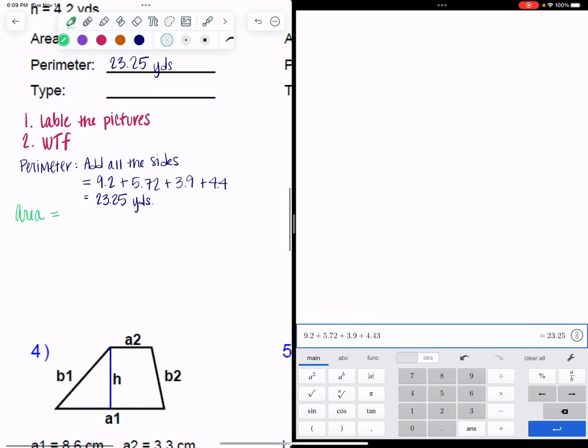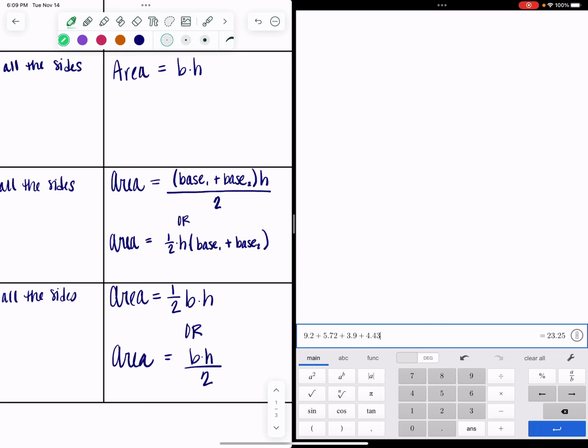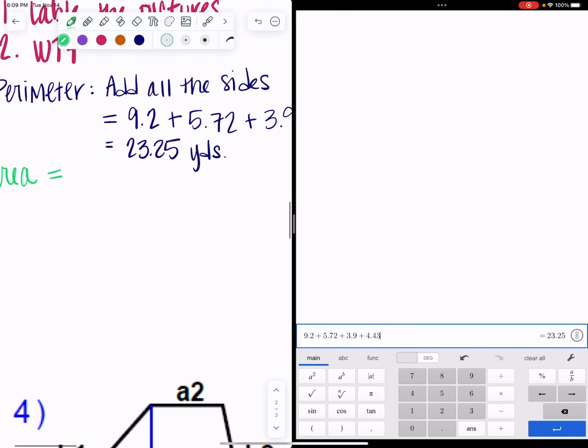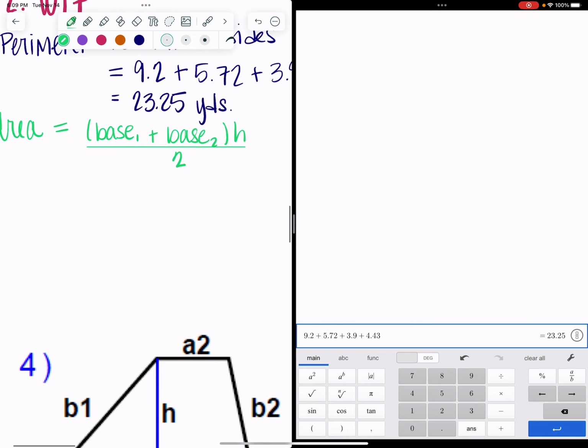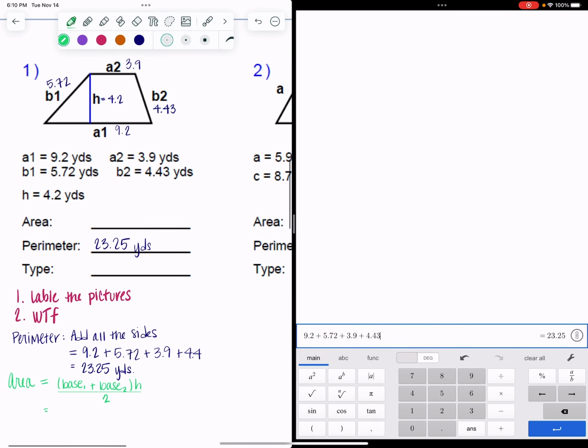Well, you have the formula for the area of a trapezoid right there. It is beautiful. I'm going to use the top one. So I need base 1 plus base 2 times the height divided by 2. My base 1, I'm going to make that the bottom.